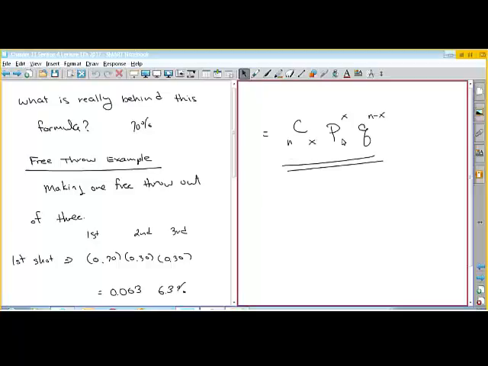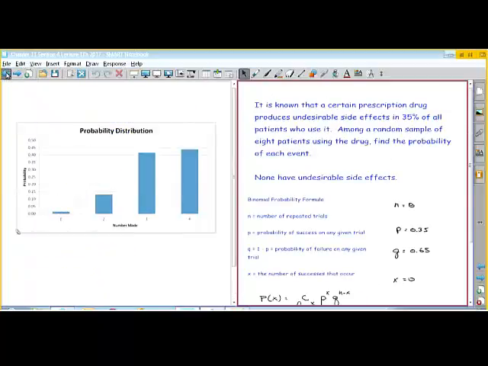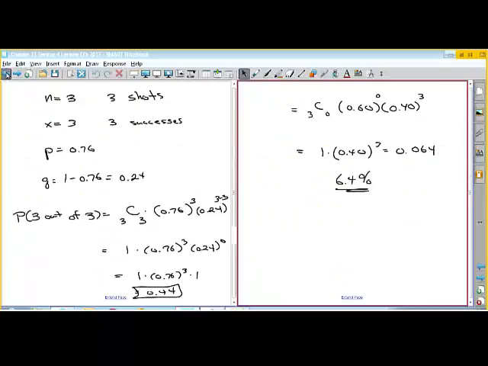It's looking at the number of arrangements of successes, and then if you have multiple steps in whatever you're looking at, you multiply the probability of successes and the probability of failures, and you get the final answer. So that's where it all comes from. The book just says here's the formula. That kind of bothered me.